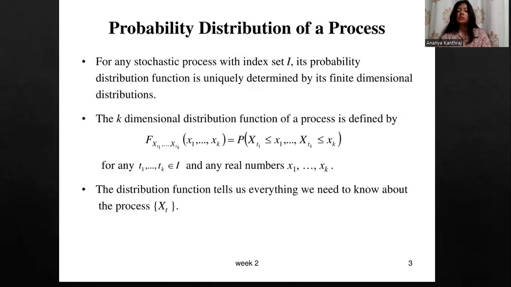It is equal to P(X_t1 ≤ x1, ..., X_tk ≤ xk), for any t1 to tk belonging to I, and real numbers x1 to xk. The distribution function tells us everything we need to know about the process. So this is all about the probability distribution of a process.